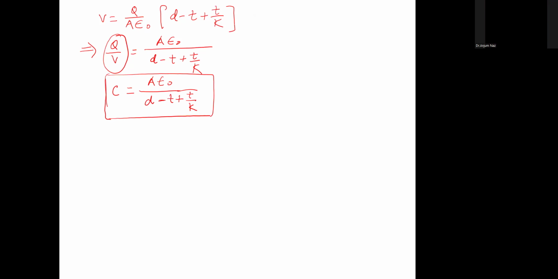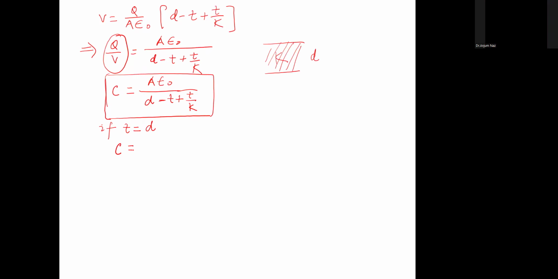Now, if the whole space between the plates is filled with the dielectric slab, that means if t becomes equal to d, and the plates are fully filled with a dielectric of constant K, then what would happen?